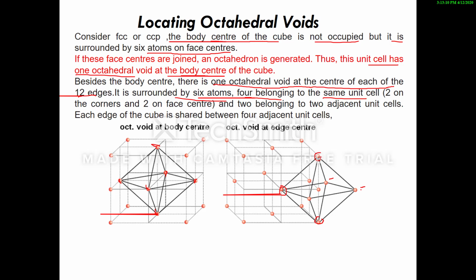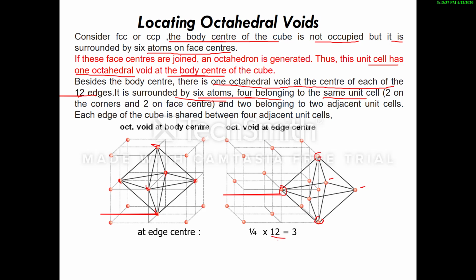So we can say there is one octahedral void on one edge center, and as we know there are 12 edges. Each edge is shared by another 4 cubes. Each edge is common among the 4 cubes.